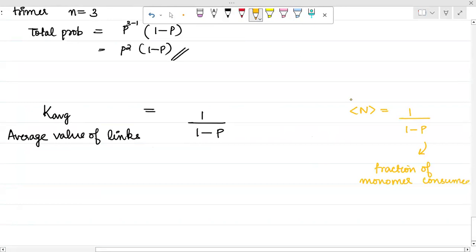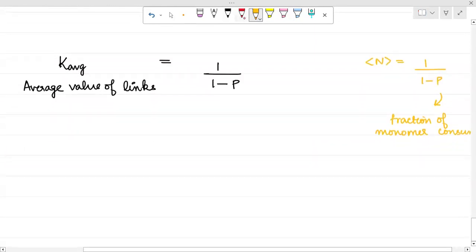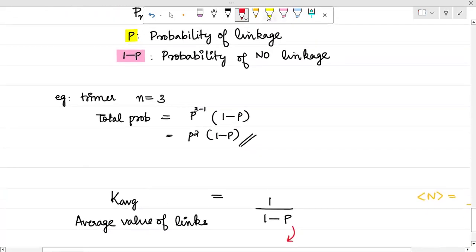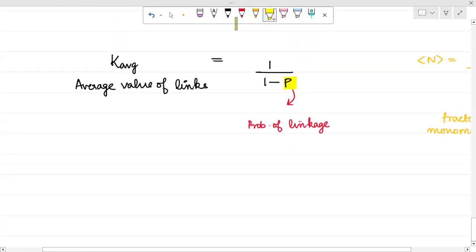Correct? It is the same equation with the same notation. K average is equal to 1 by 1 minus P, where this P is the probability of linkage, which we have already written over here. It is the probability of the linkage. That is the average value of links.